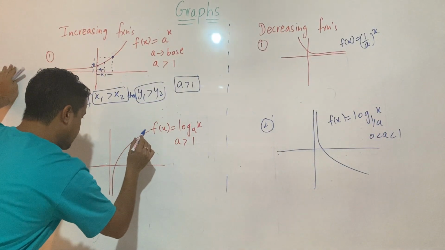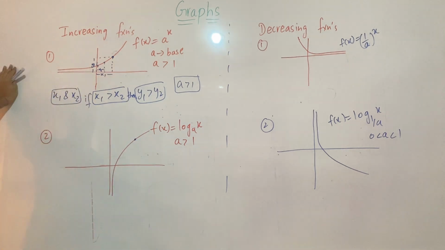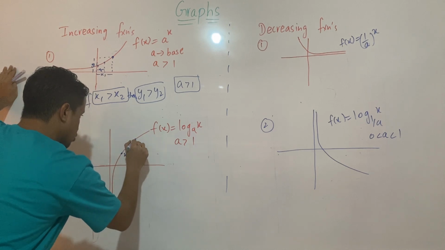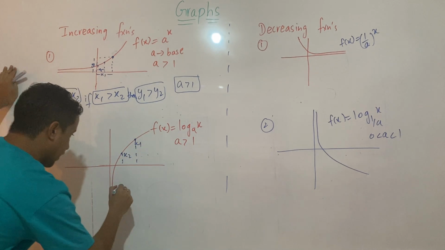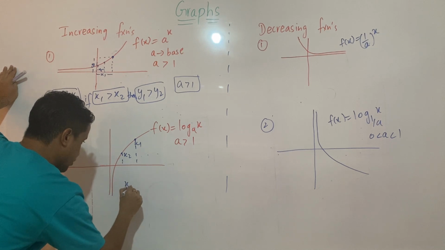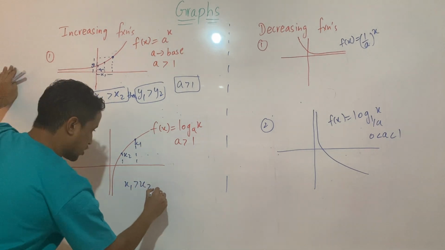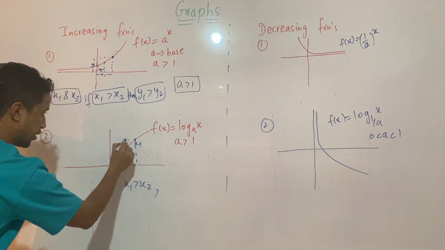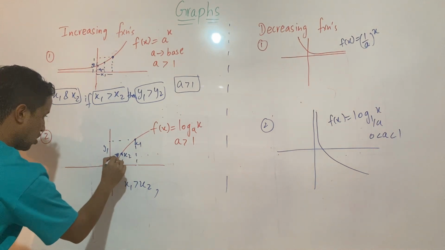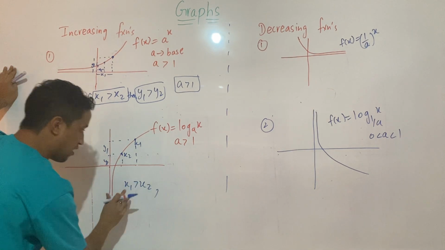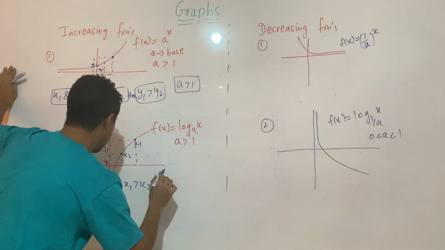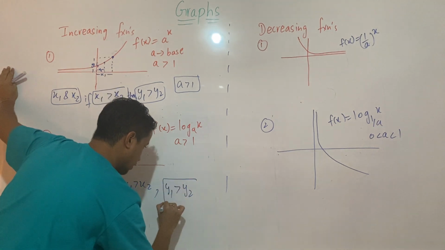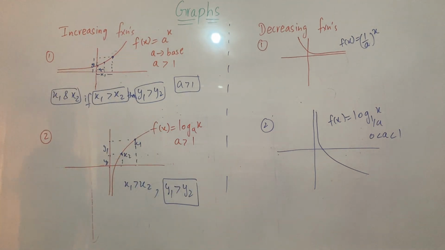For example, this is your x1 and this is your x2, so x1 is greater than x2. Then f(x1) is this y1 and this is y2. So we can say if x1 is greater than x2, then y1 is greater than y2. I hope you understand this thing.